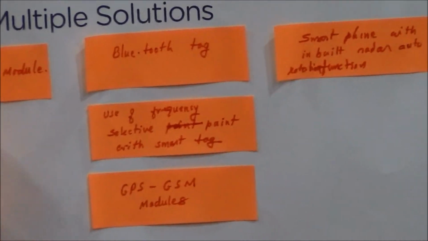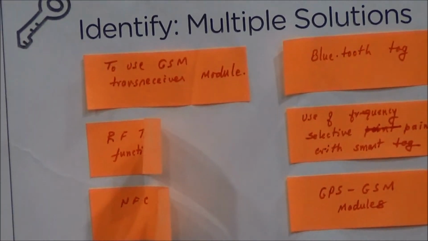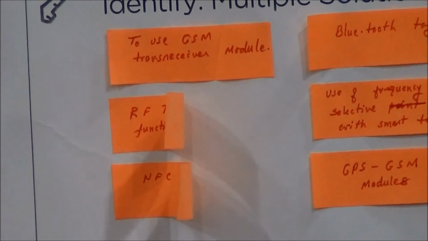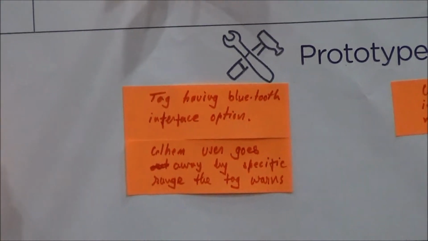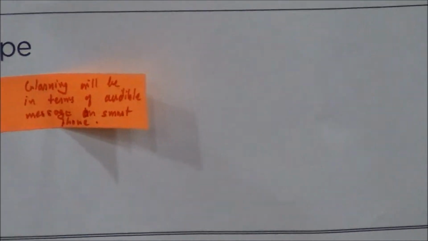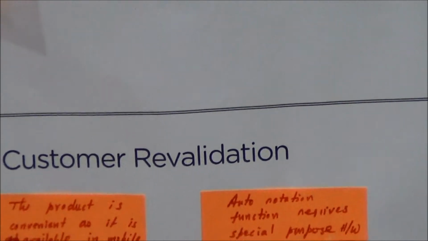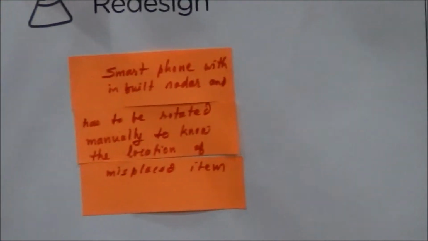There are many problems for which we have to develop the product. Earlier it was described that we forget things, we misplace things. So these are all key problems. Even I remember that a train traveler will lose his luggage while traveling, and that is a day in and day out affair in the train.